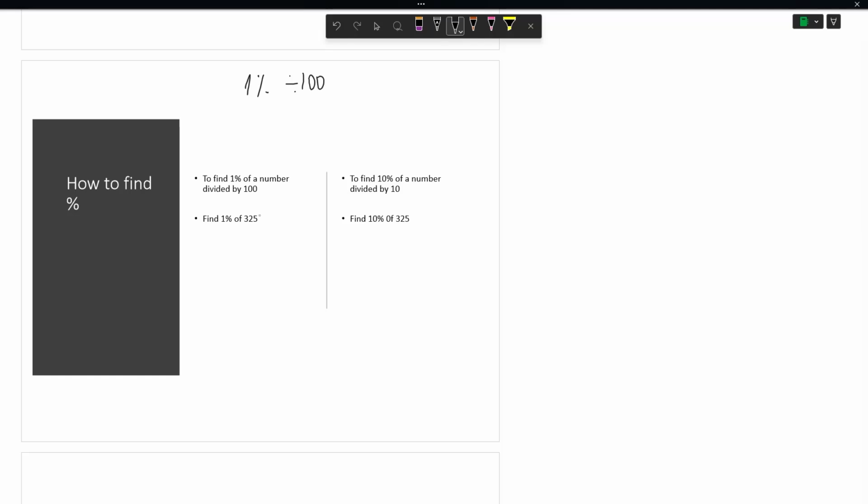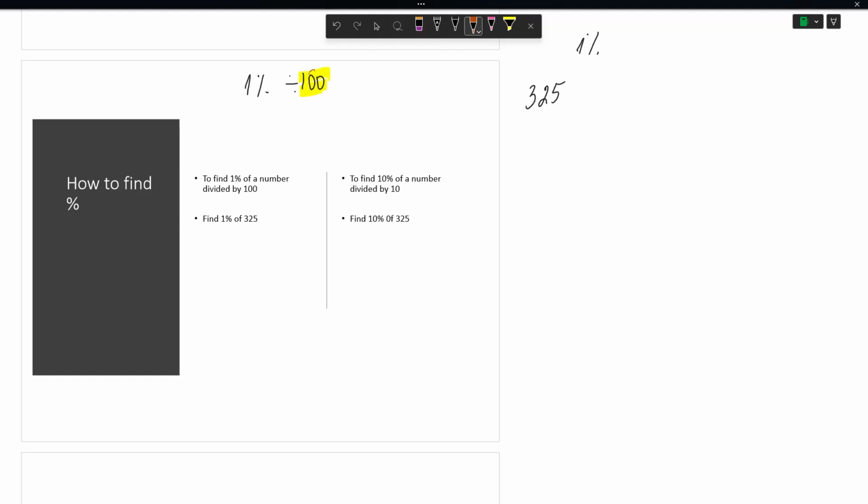We have 325 and I need to find 1% of this number. As we said, to find 1%, we divide by 100. So how many zeros do you have in 100? You have 2 zeros.